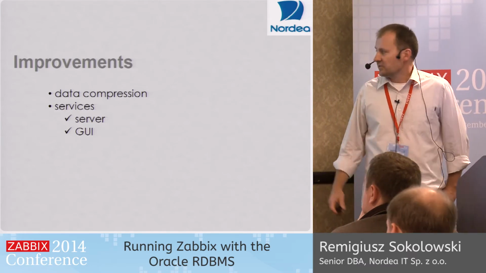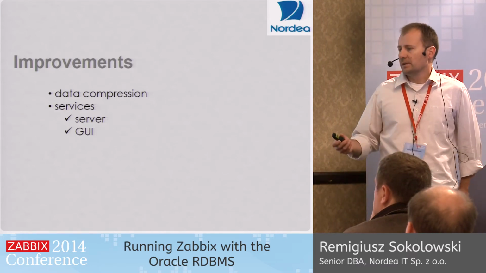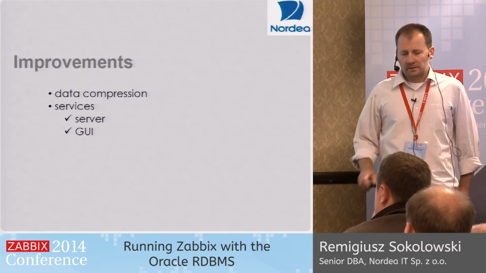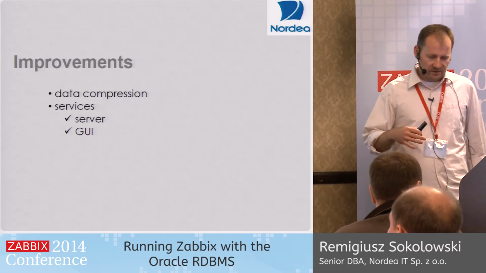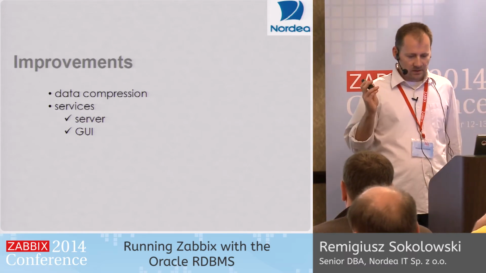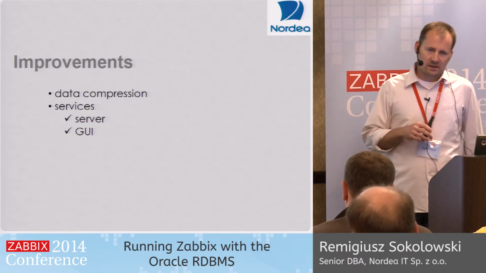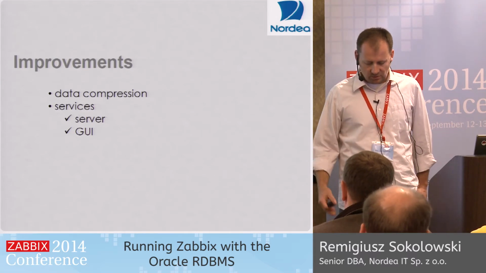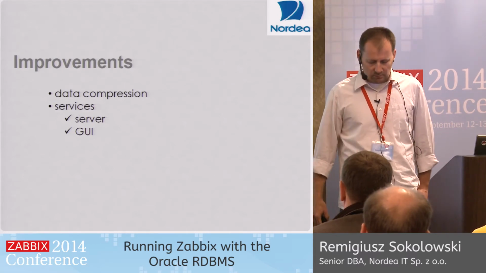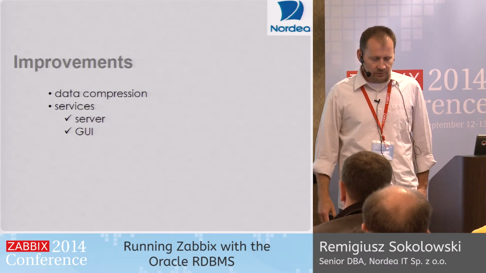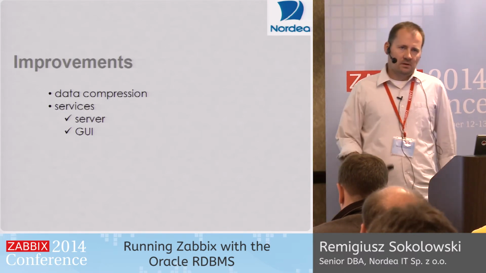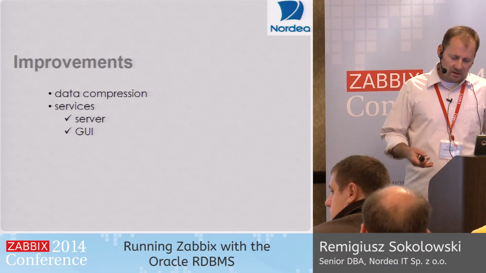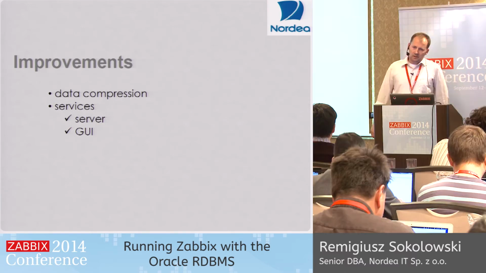And in Zabbix, we divided the whole thing into two parts, I mean GUI and server. This is why it was so easy to find this Zabbix 7373 error, because we simply saw on our database monitoring tool that all the queries which are a problem are coming from the GUI.